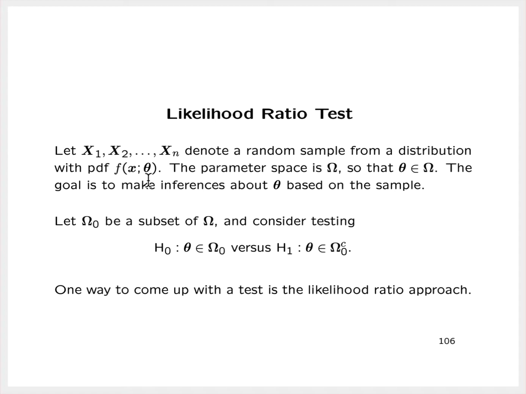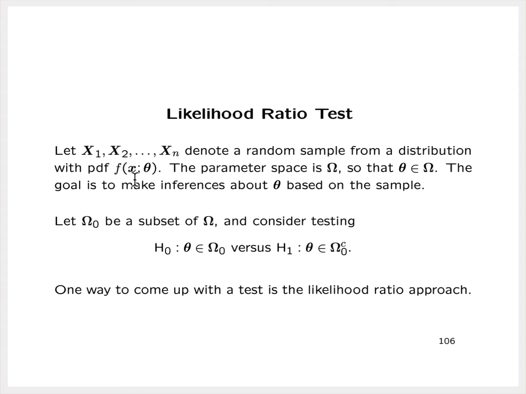And remember that when we use bolding, we're using that to denote a potentially vector valued quantity. And so this parameter theta can be a vector of parameters. It could be a scalar, but if we have more than one parameter, then we would just put all of the parameters into this vector.